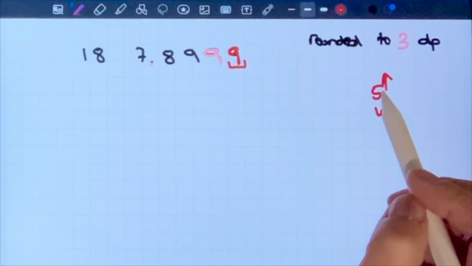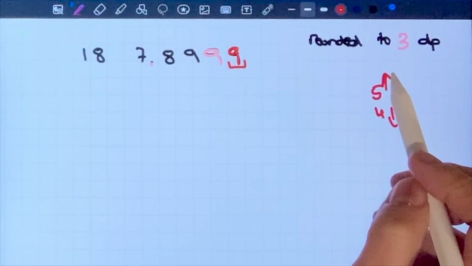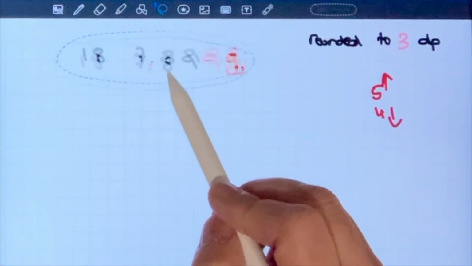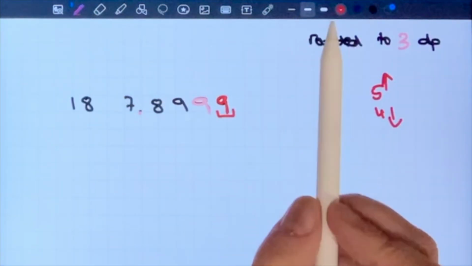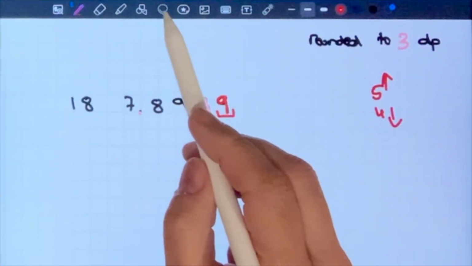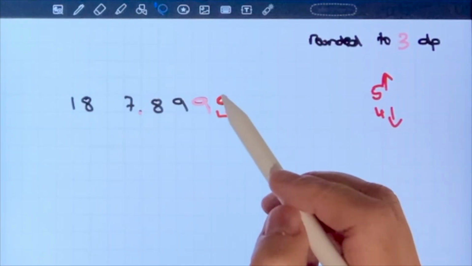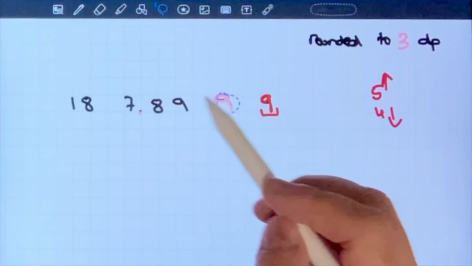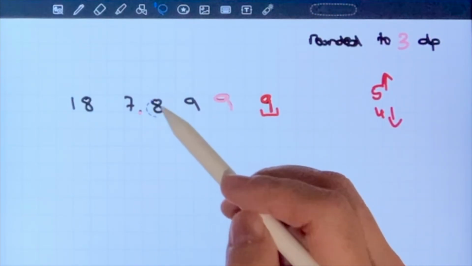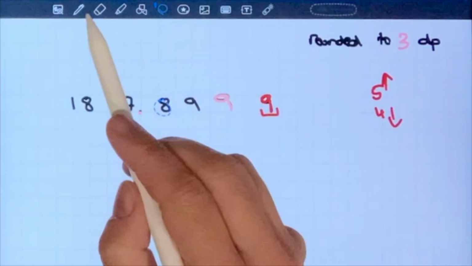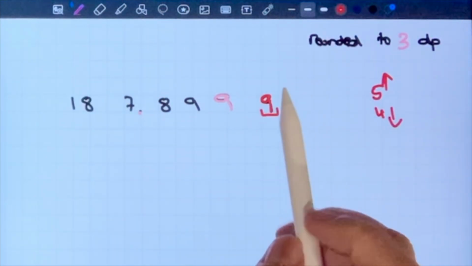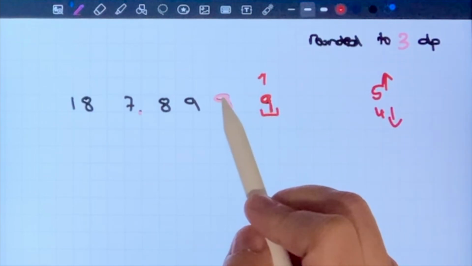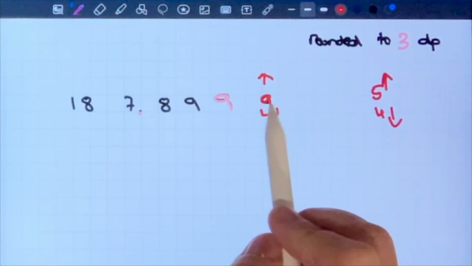So 9 means it's going to get rounded up. Now I'm just going to pull this whole thing down a bit. In fact, I might even spread it out just to make it easier. Okay. Sorry, this 9 is going to get rounded up.